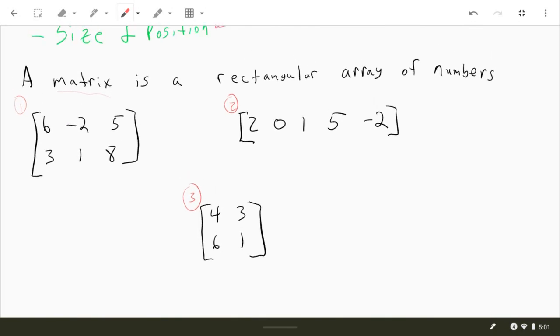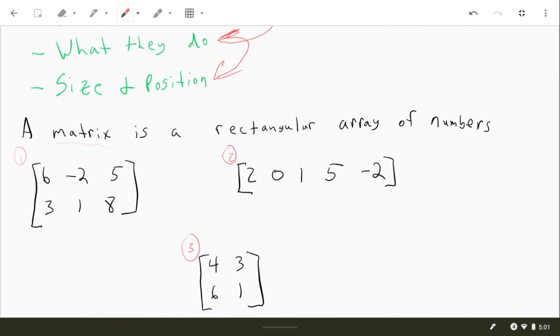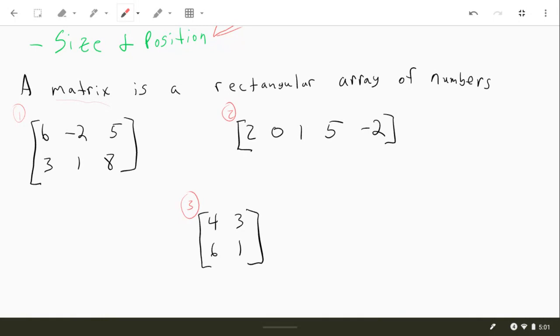The last thing I want to look at here is the size of a matrix, and how to describe a certain position in a matrix. If you were describing this first matrix here, you might say it's a matrix that has 6 cells. If you were describing the second matrix, you might say it has 5 cells.